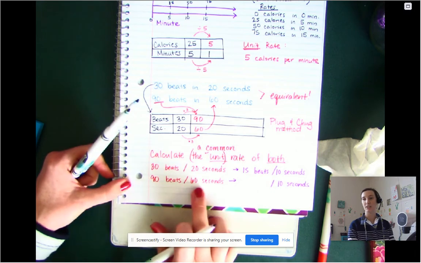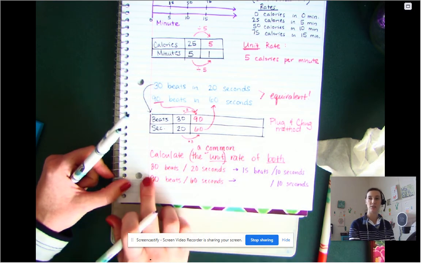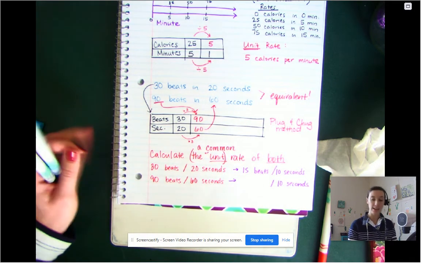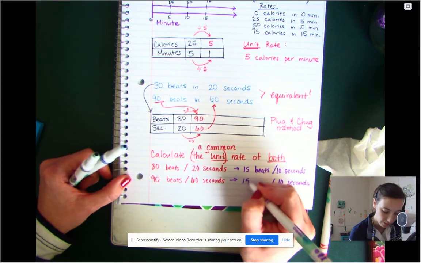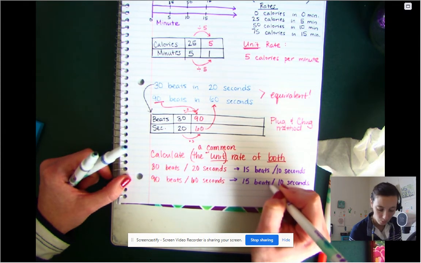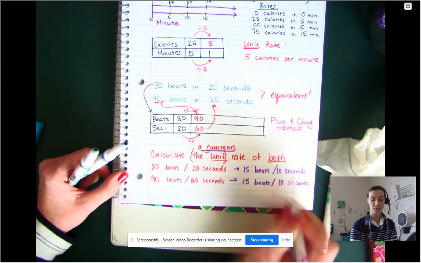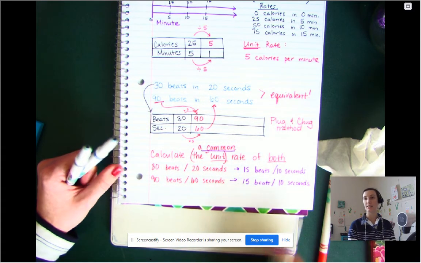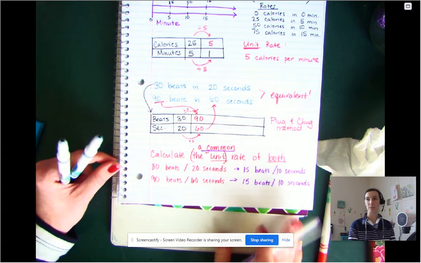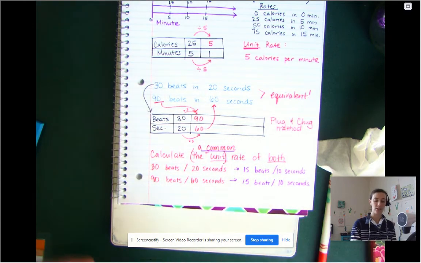So basically I took 60, I divided it by 6, so I have to do 90 divided by 6. 90 divided by 6 is 15. So when I calculate a common rate of both, the common rates for both were the same. So yes, these are equivalent rates.